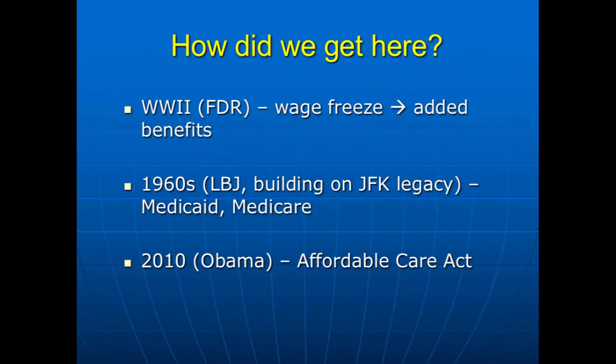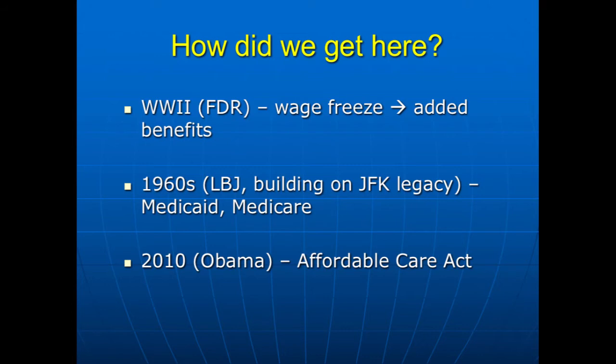Now we look back to understand how we arrived at the current system. 3 events drove the current structure. In World War II, FDR, or Franklin Delano Roosevelt, froze wages and prices to aid the war effort. In response, employers used health insurance as a way to attract employees, hence our employment-based private health insurance.